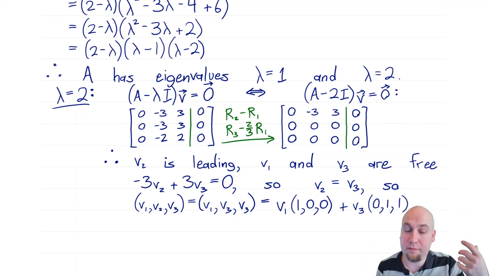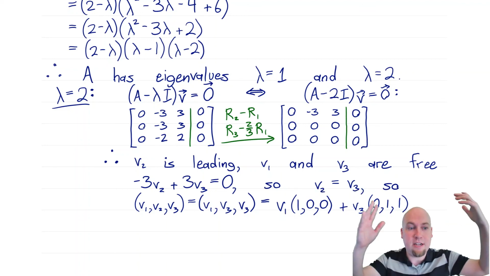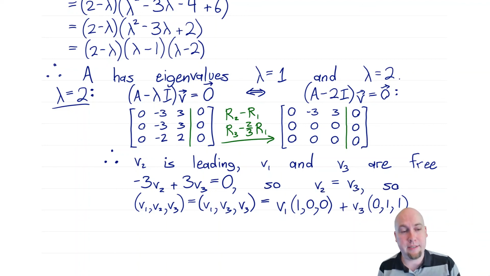So for example, with v1, how many v1s in the first entry? Well, there's one of them. How many v1s in the second entry? 0. How many v1s in the third entry? 0. Now do the same thing with v3, the other free variable. How many v3s in the first entry? 0. And then how many v3s in the other entries? 1 and 1. So this is the free variable factorization form of my eigenvectors here.